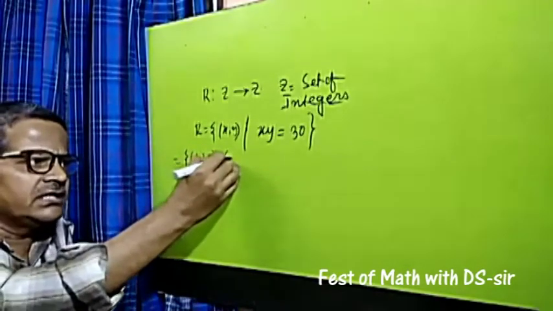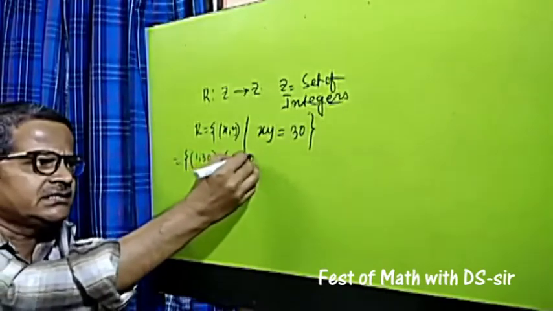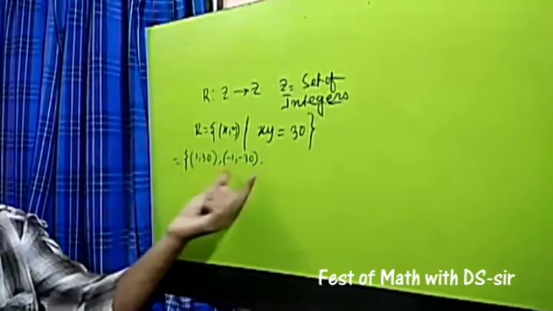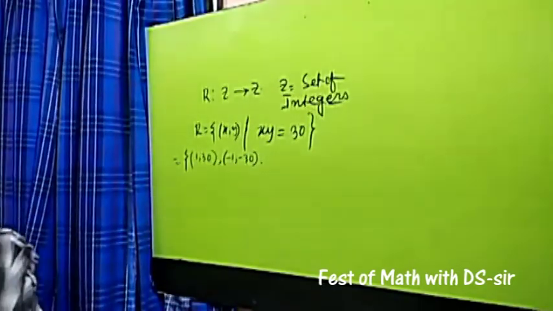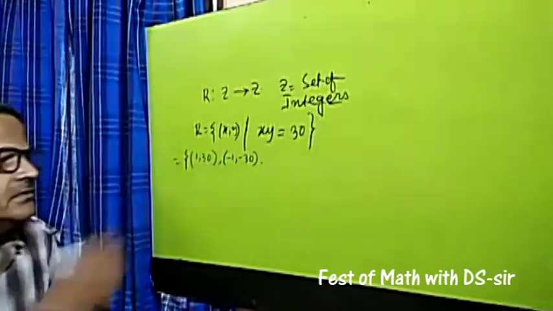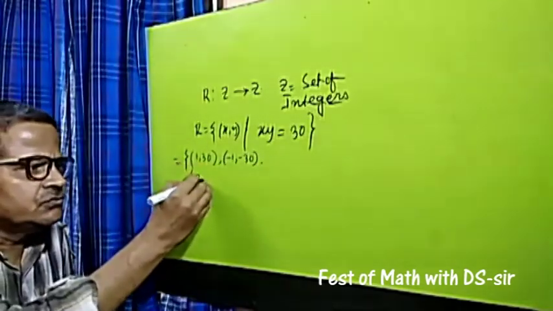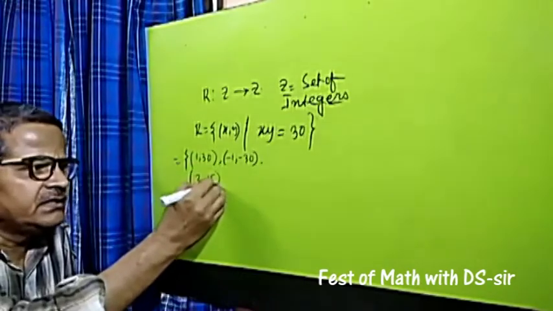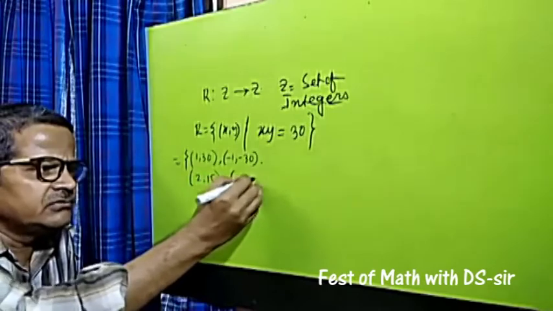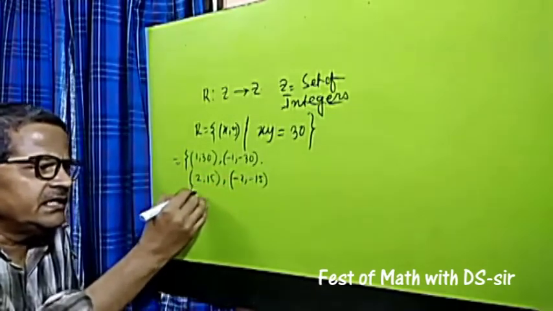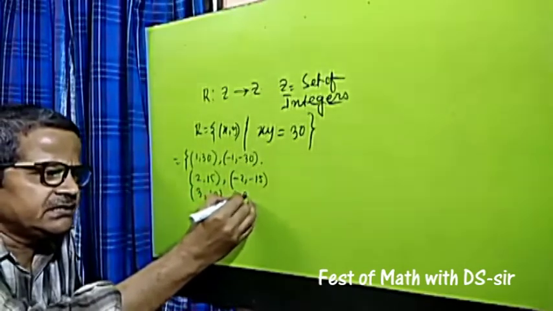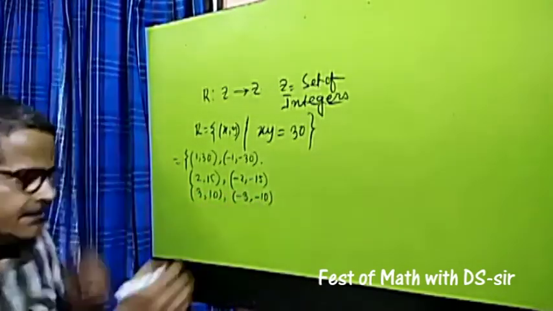Not only (1, 30), (-1, -30) is also there. So after writing 1, we will write the similar one for negative. If x is 2, then y must be 15, so the similar negative pair is (-2, -15). If it is 3, then it is 10, so the similar negative pair is (-3, -10).